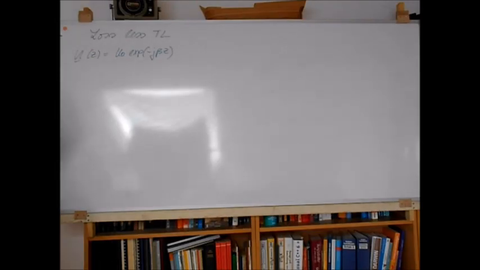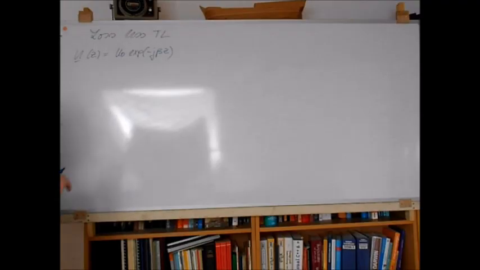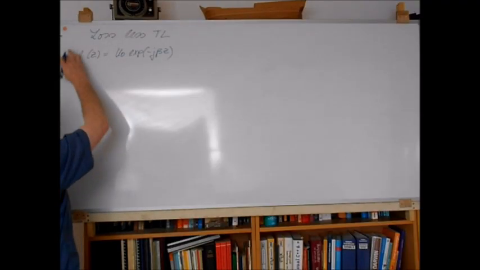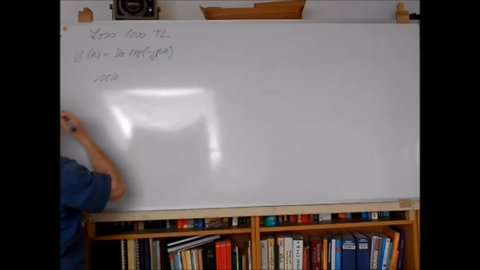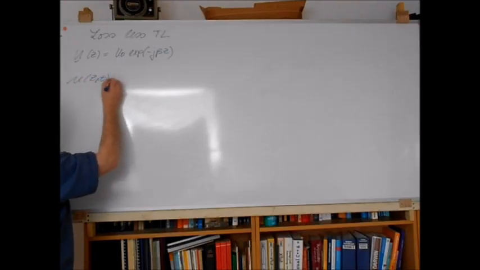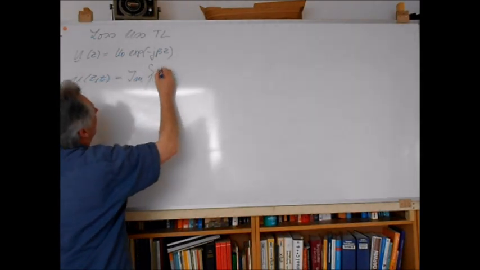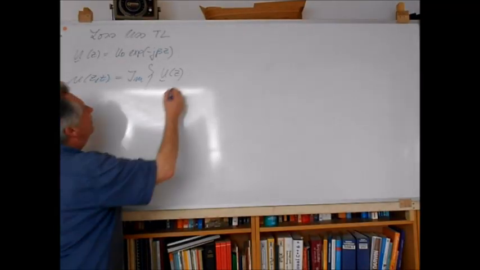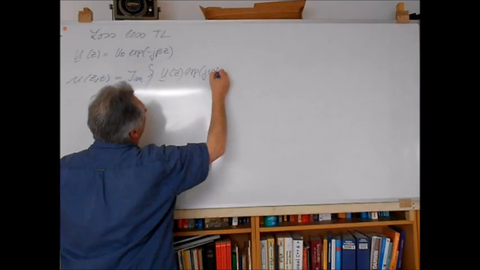Now I want to switch to the voltage, which is a function of the space and time coordinate. We know that if I have the phasor representation, u of z and t will be given as the imaginary part of our complex valued function u of z times the exponential function of j omega t.